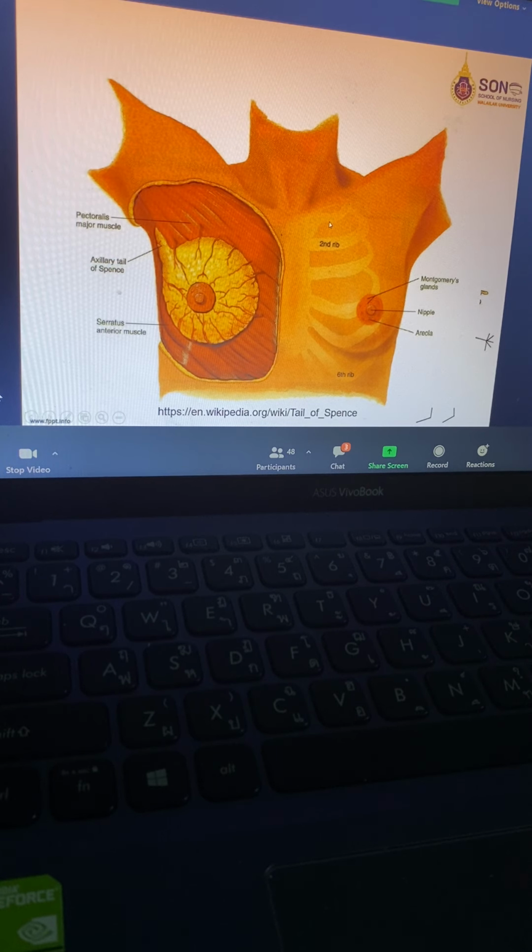If you know the area of the breast, that's important when you assess a patient for finding breast cancer, because you should palpate every area. The upper is the second rib, the lower is the sixth rib, and the lateral is the mid-sternal line and the anterior axillary line.